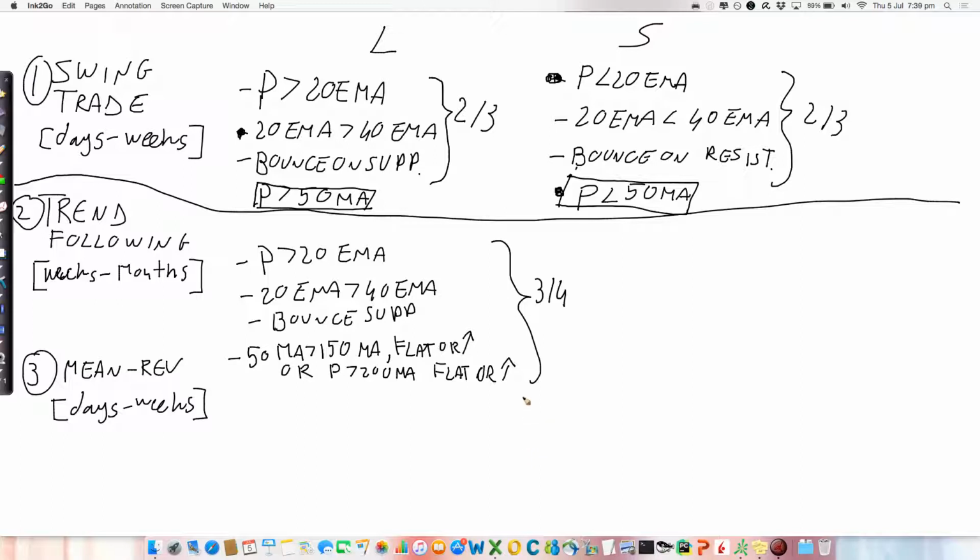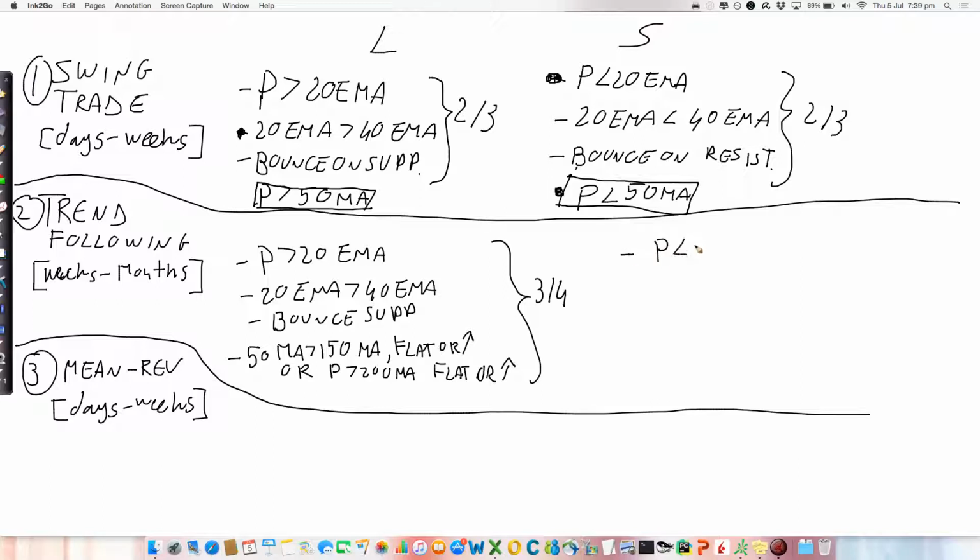Okay? So look at the difference. Here we need to have the price above the 50 and 2 out of 3 true. Here we replace this condition with this one, and we want 3 out of 4. Okay? I think I should have used more space. Anyway, for the short, trend following is similar.